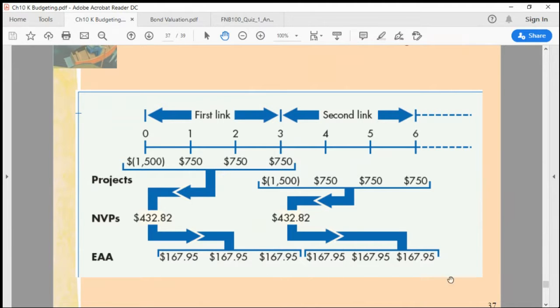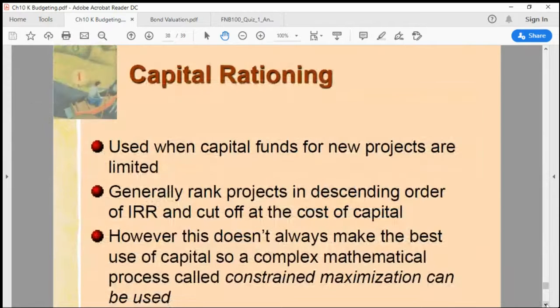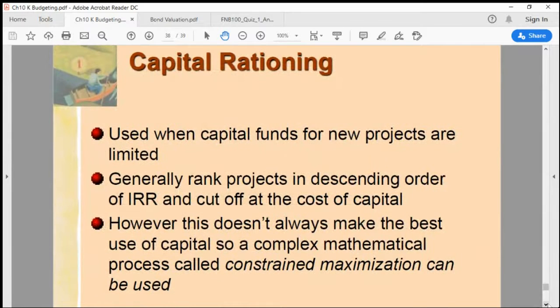And equivalent annual annuities, right? Now, the last topic of this capital budgeting is capital rationing.